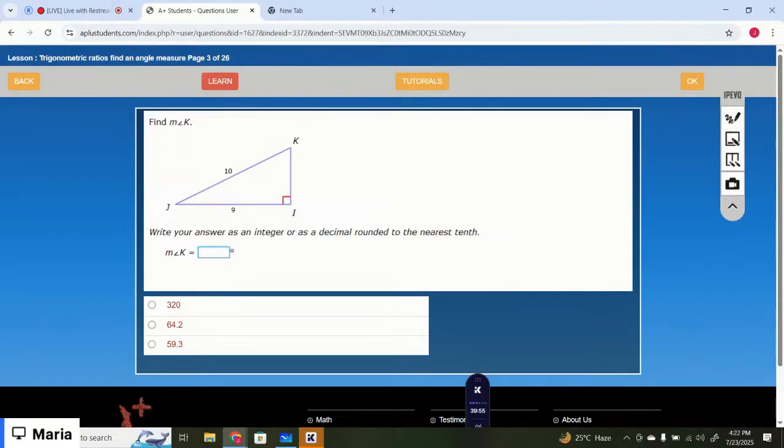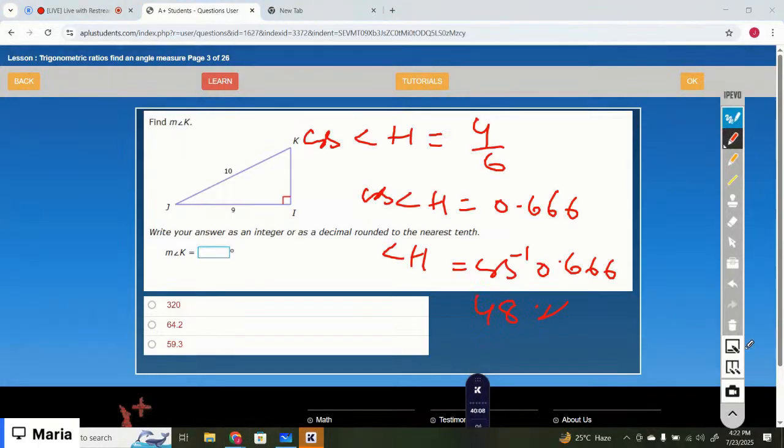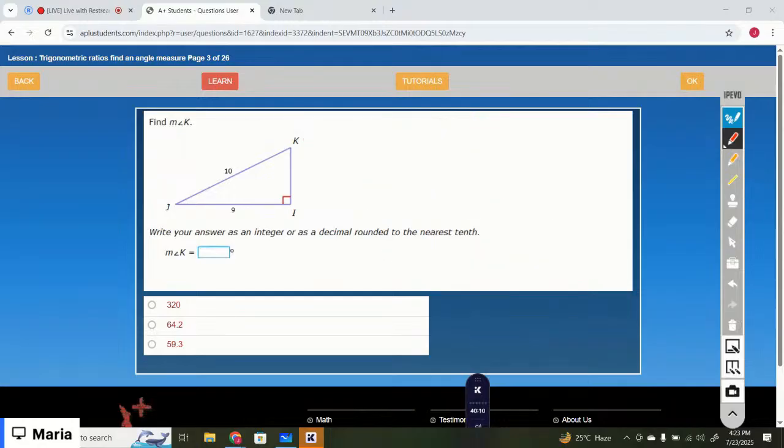Find the measurement of angle K. That would be sine of angle K equals 9 over 10.